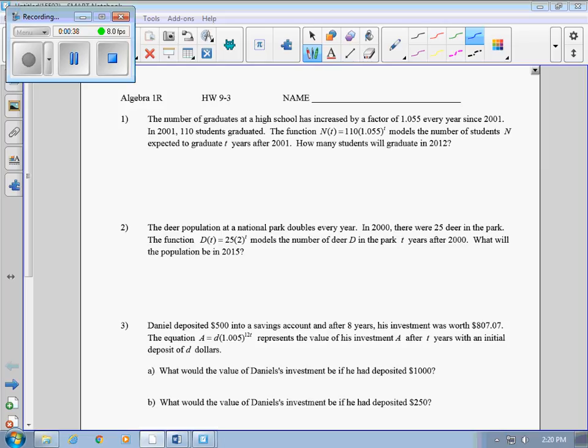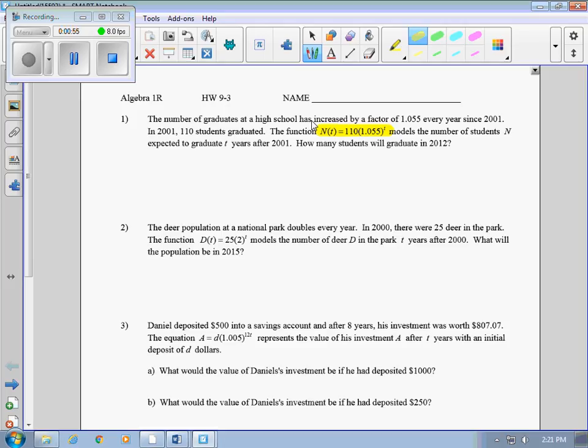Okay, so let's go ahead and highlight and take a look at some of the important information we want on there. This is our formula that we'll be working with, and then we're going to alter that and change that for the information they gave us.